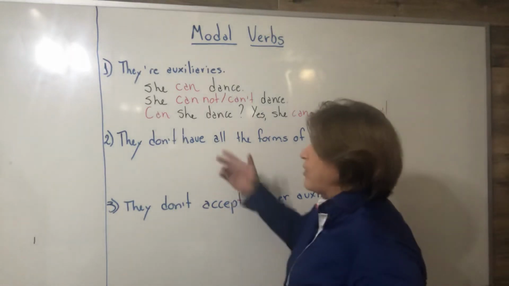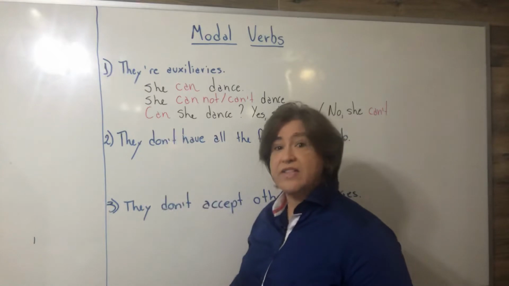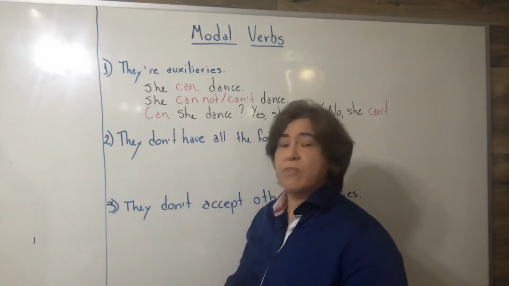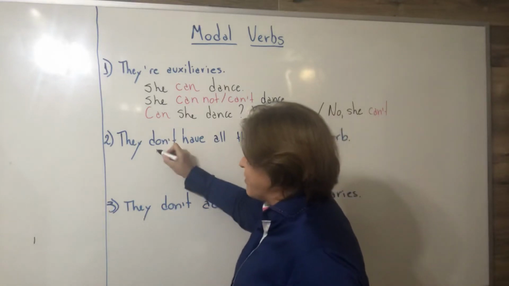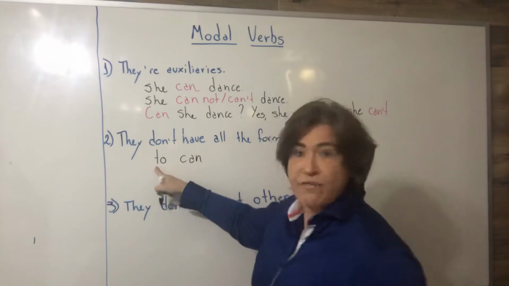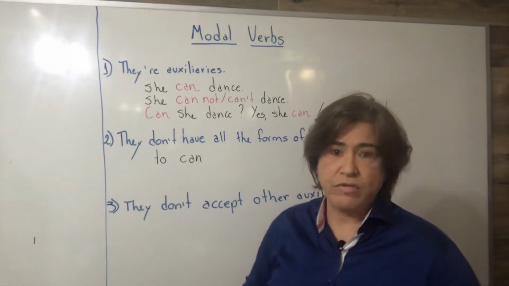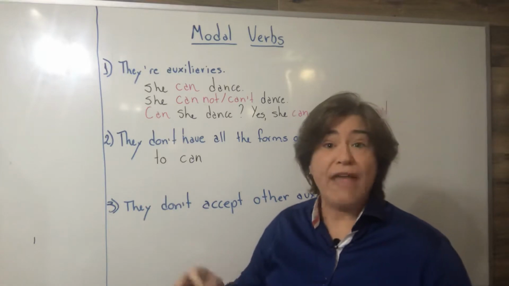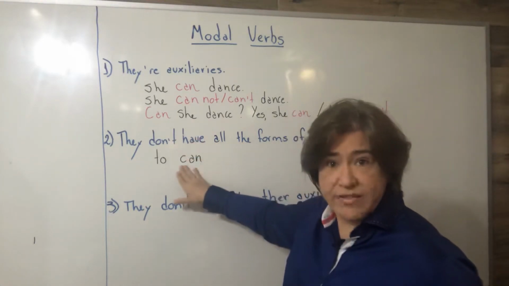As I was saying, I'm going to use can as an example of these things which are common among the modal verbs. So first of all, remember what the teacher said. Modal verbs never accept to. So the infinitive form of a modal verb, forget it. They don't have an infinitive form. They have a basic form in the case of can, okay?